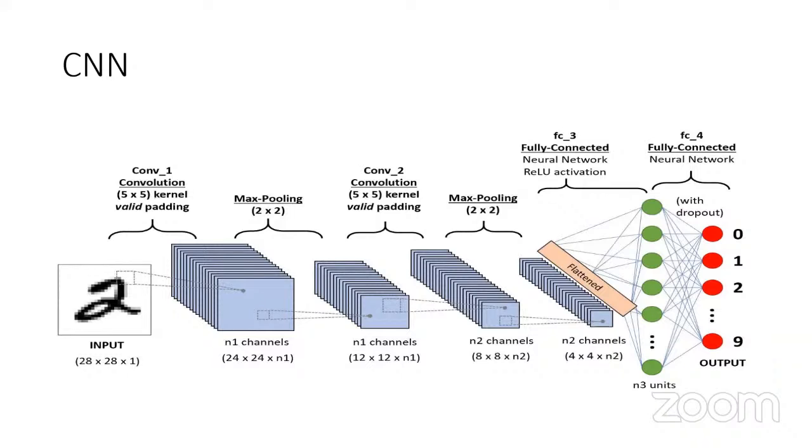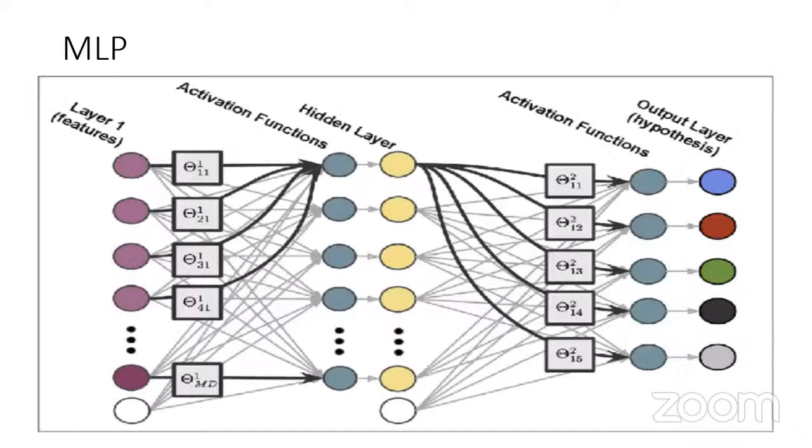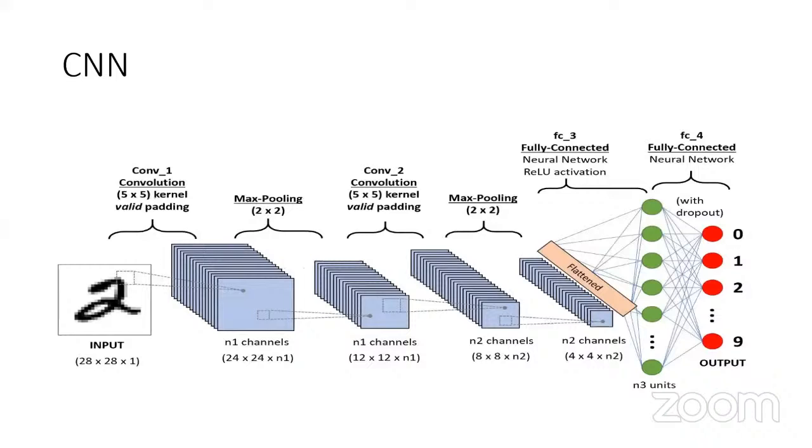Let us say an input matrix is there, and the input matrix is convolved, and max pooling is selected in the processed output, so only selective outputs of the intermediate layers will flow forward. In the MLP, all the data flows linearly. In the case of CNN, all the data will not flow from layer X to layer X plus 1. Based on threshold values, the information flows, and the number of layers also can be increased, and activation functions also are changed.